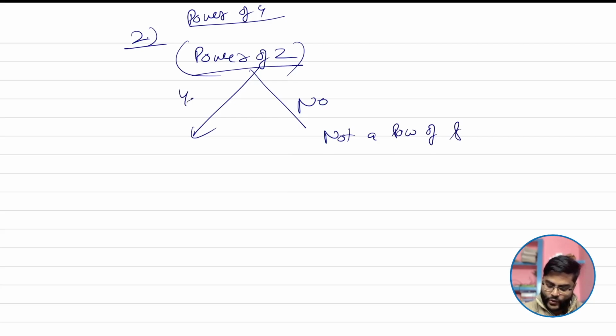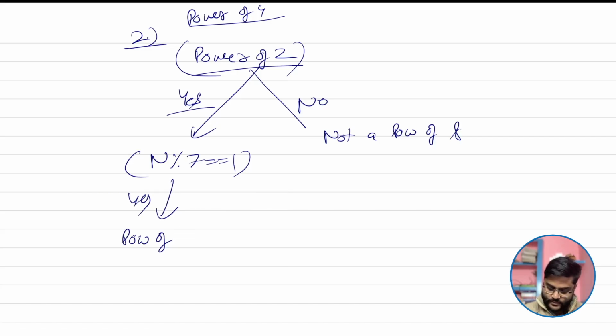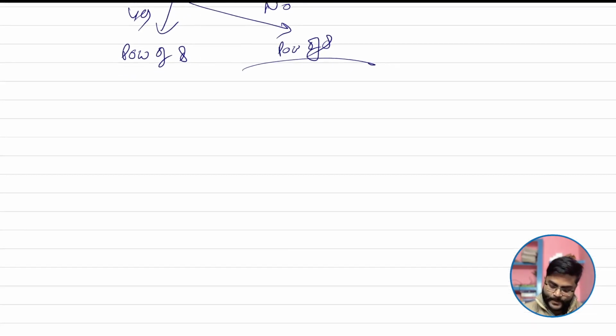If it is a power of 2, then I will check further. I will check number mod 7 equals 1. If that condition is satisfied, it is a power of 8. If no, it is not a power of 8. So let me take some examples.